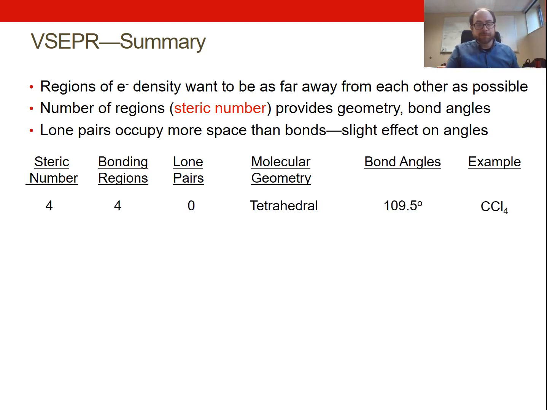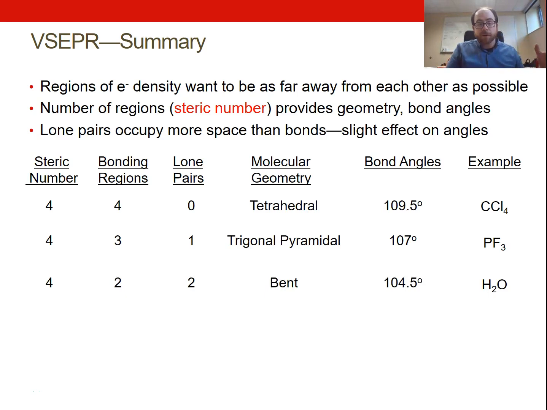So to quickly review, if we have a steric number of 4 with 4 bonding regions, we would call this tetrahedral. An example of that was methane and CHCl4. If we have a steric number of 4 with 3 bonding regions and 1 lone pair, we call that trigonal pyramidal, and the bond angle is roughly 107. A steric number of 4 with 2 bonding regions and 2 lone pairs, we call that bent, and the bond angles around that central atom will be 104.5.